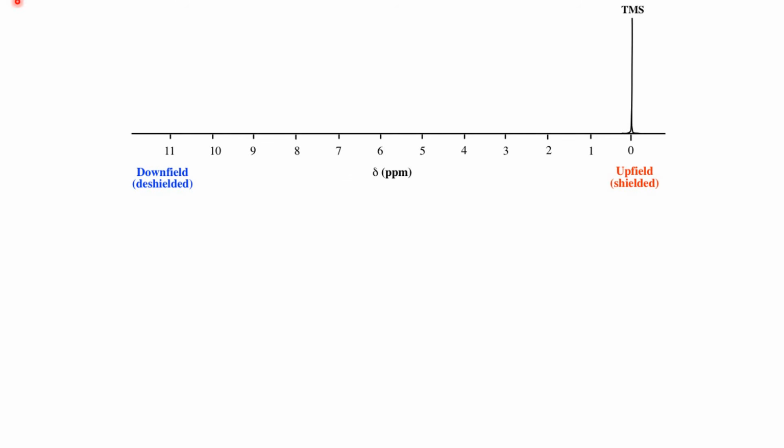Now, what is this chemical shift? This chemical shift is the difference between the absorption position of a reference compound, here we take the reference compound tetramethylsilane or TMS, and the absorption position of any proton which is present in a particular location of the molecule.